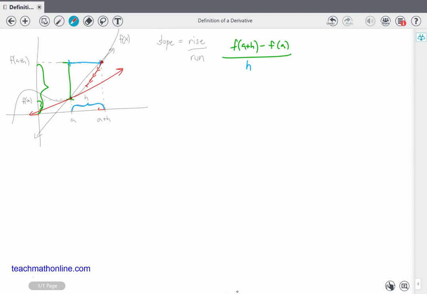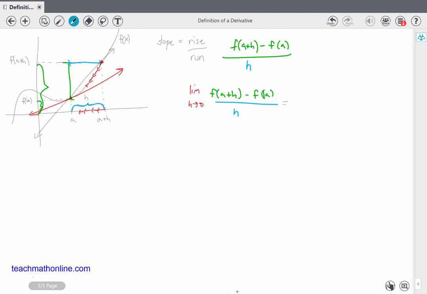This effectively would be making h smaller and smaller as we approached A. So we could say we want the limit as h approaches 0 of f of A plus h minus f of A, all over h. So this is going to be the definition of the derivative.